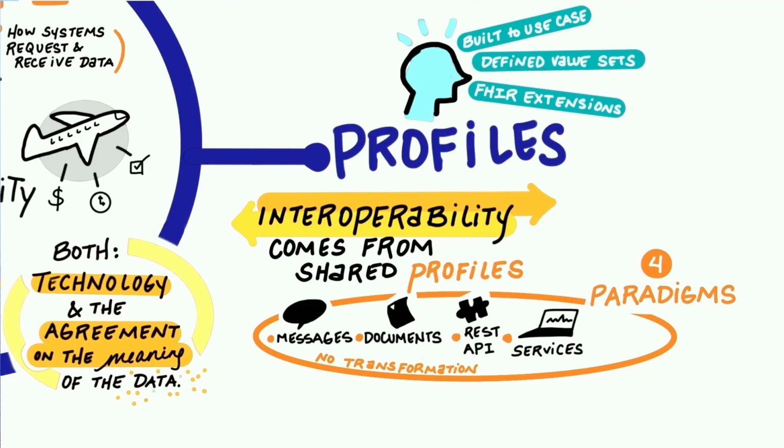So if we, for example, had a lab result that we got from a FHIR REST API according to a certain profile, then we could take that lab result and put it in a message and send it to another system just as it is. We don't need to transform it. We could put that lab result in a document and send that somewhere or use it just as it is.